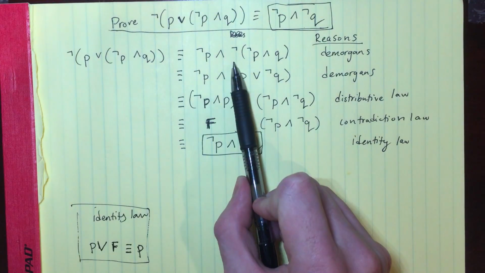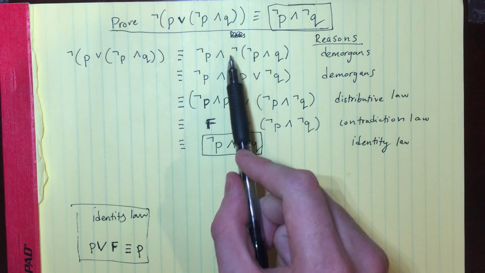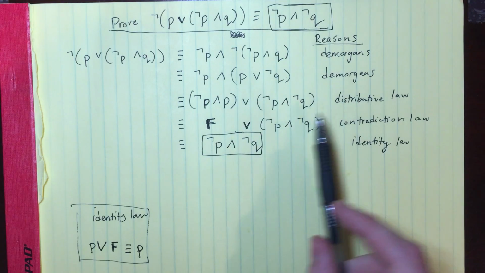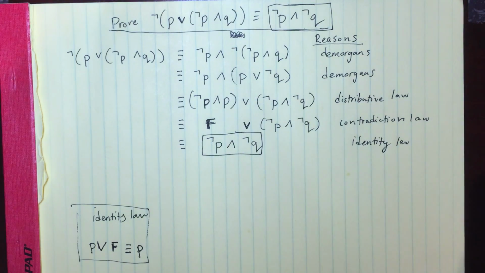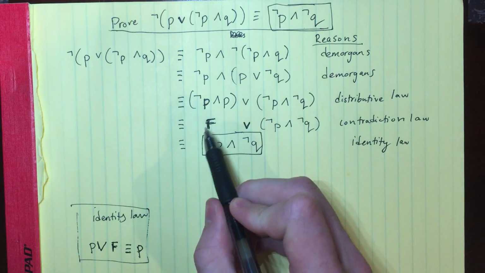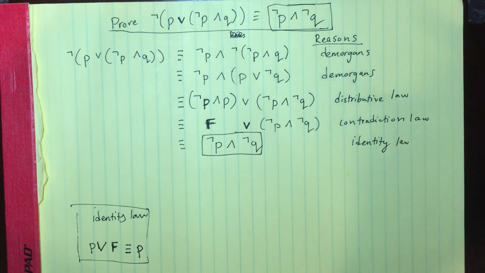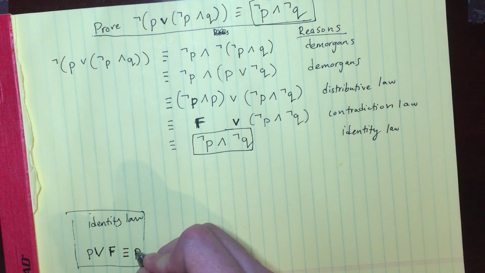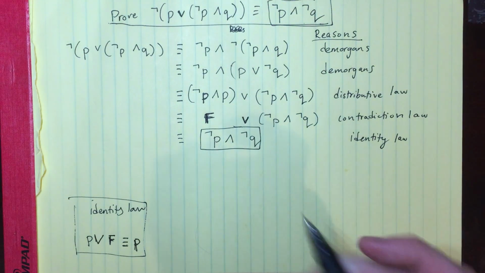First we use De Morgan's again. Then we distribute it, opened it up. Then we saw this as a contradiction. So when you write a contradiction, you put a bolded false. If it was a tautology, you would put a bolded true. And then you can see that using identity law, it gives you back the proposition, and you have it.